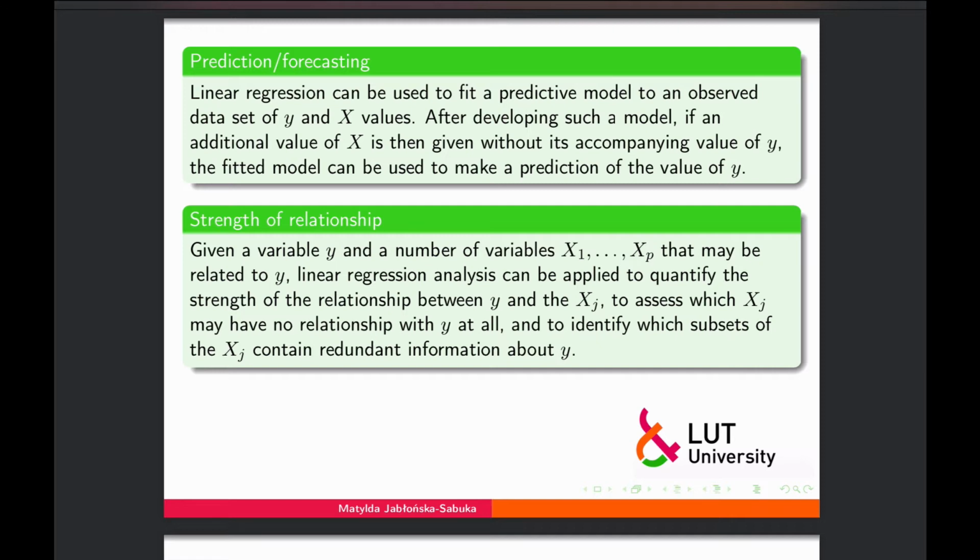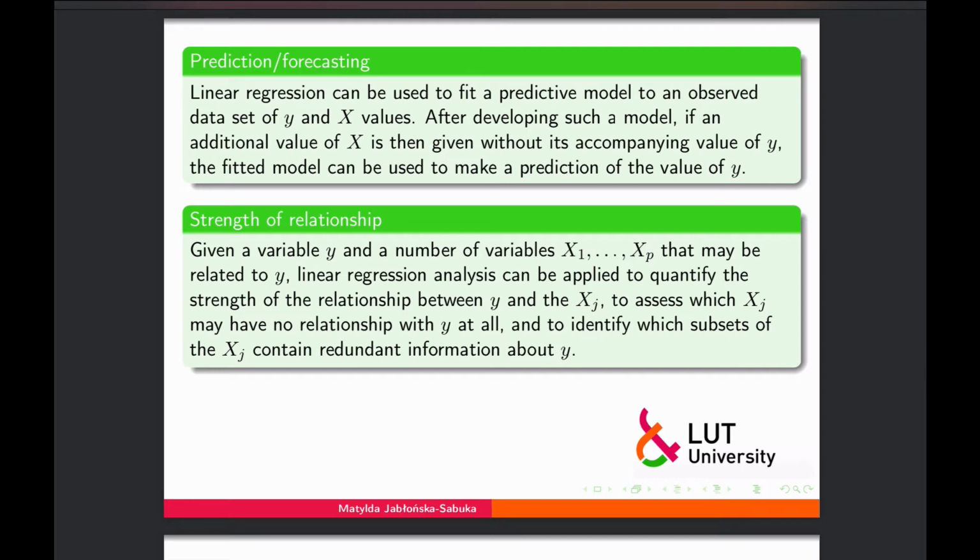The second family of use is strength of relationship. Given a variable y and a number of variables x1 up to xp that may be related to y, regression analysis can be applied to quantify the strength of the relationship between y and the explanatory variables.